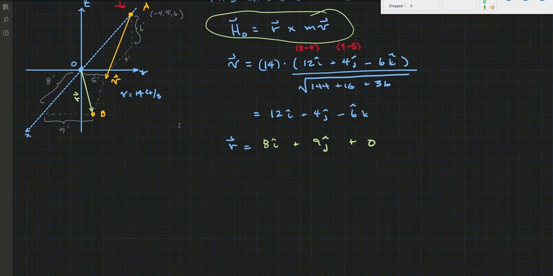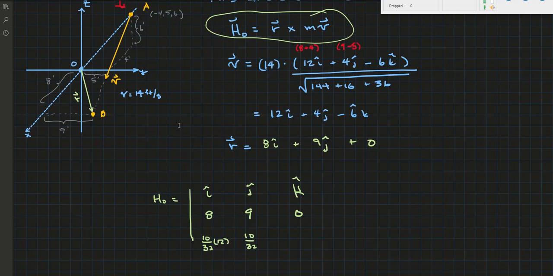So we can set up our matrix then: i, j, and k. For R, our coefficients are 8, 9, and 0, and it is important that this is a 0. And then for mv, we've got to make sure we put our mass in here. This is easy to forget about the mass, but let's not.